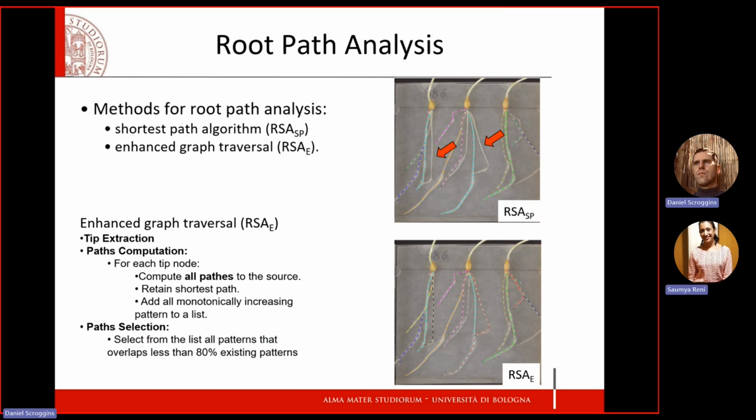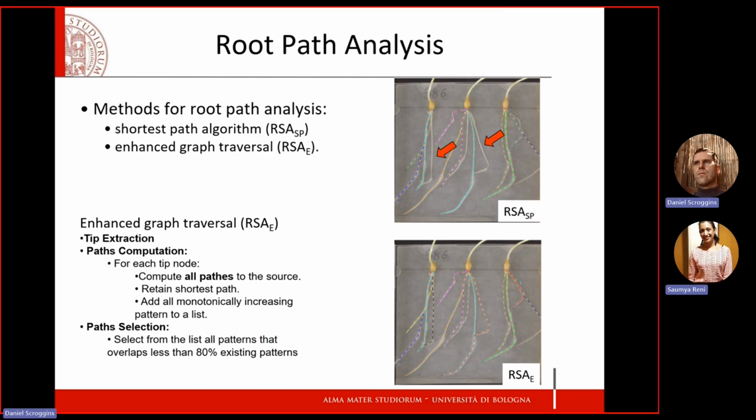The second algorithm proposed in this work is based on the shortcomings of the first algorithm. This algorithm, called enhanced graph traversal, works as follows. First, all tips are extracted. Then all paths from the tips to the source are calculated, not only the shortest one.